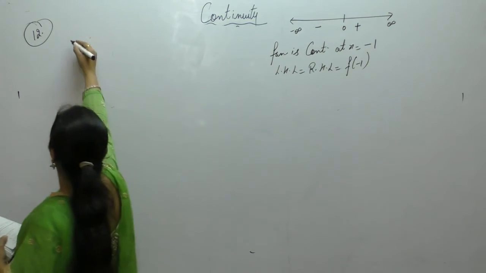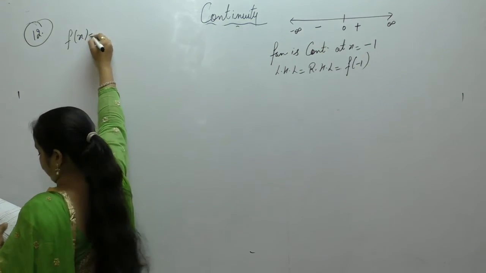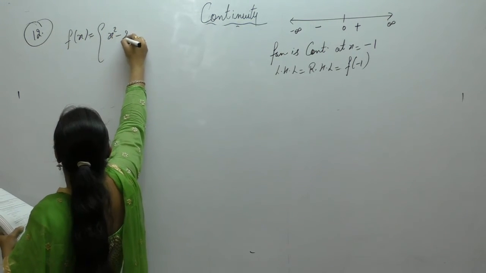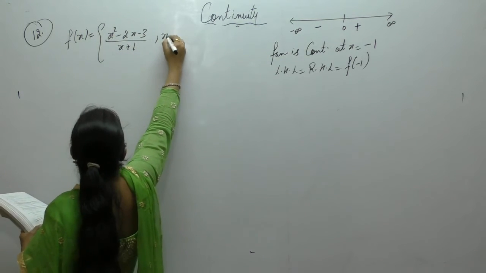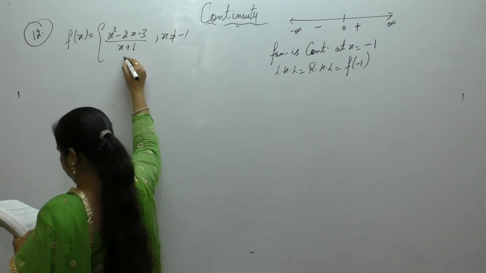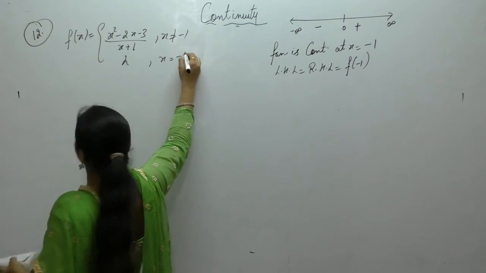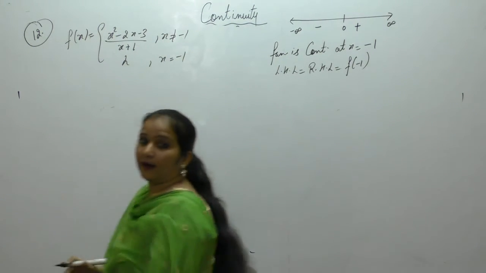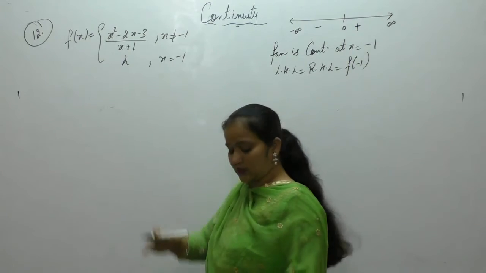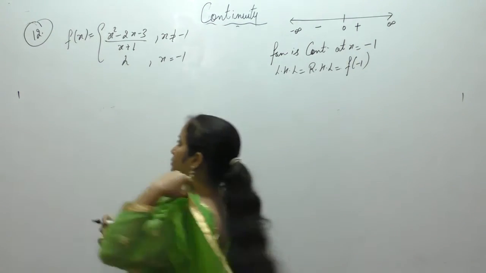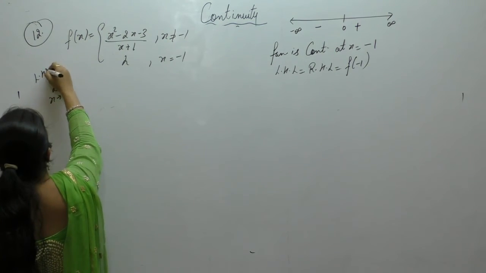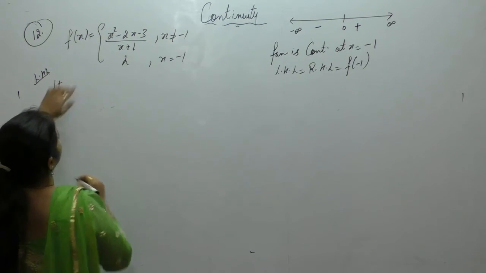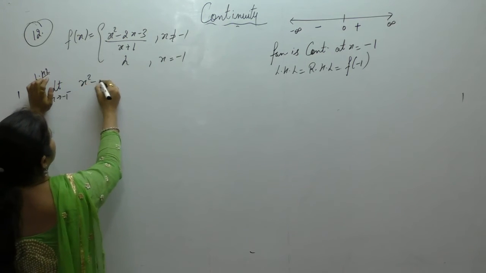And the function given is f of x as x square minus 2x minus 3 upon x plus 1, x is not equal to minus 1, and lambda when x equals minus 1. If we see, when x is not equal to minus 1, so x is less than minus 1, left hand limit, minus 1 negative, the function is this.